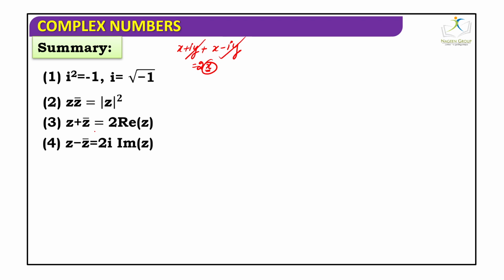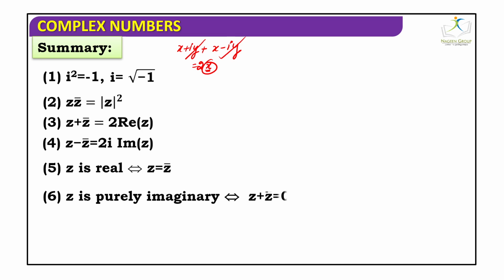Now next, z minus z bar is equal to twice of iota times the imaginary value of z. If z is real, then z equals z bar only. If the imaginary part is not there, then the conjugate of both will be the same. If it is purely imaginary, then z plus z bar equals 0. If z equals f of z1, then z bar equals f of function z1 bar.